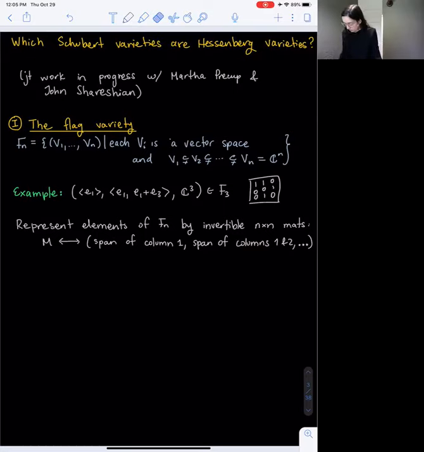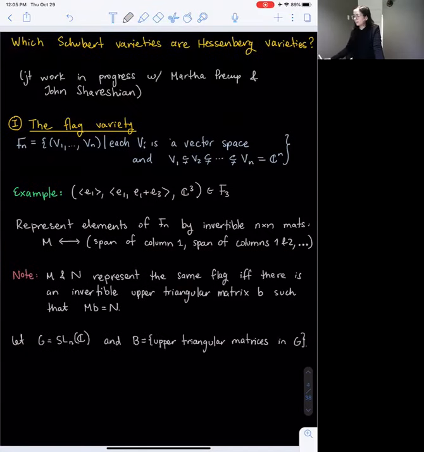Maybe it's not fair for me to do the backwards line, so let me erase it. Notice that if you have two different invertible matrices, then they might represent the same flag, right? We know that the column span of a matrix doesn't characterize it.